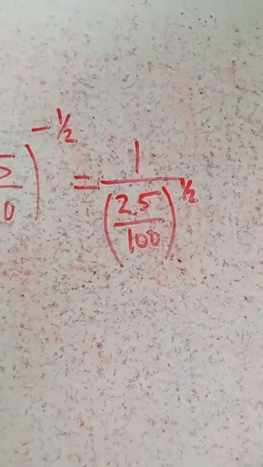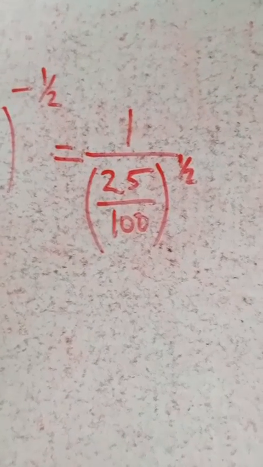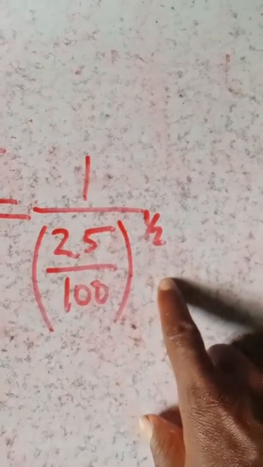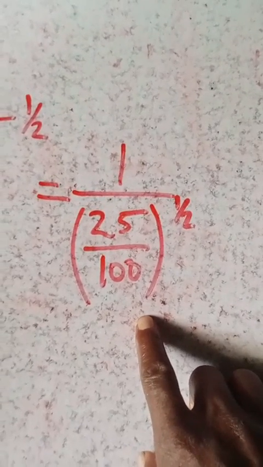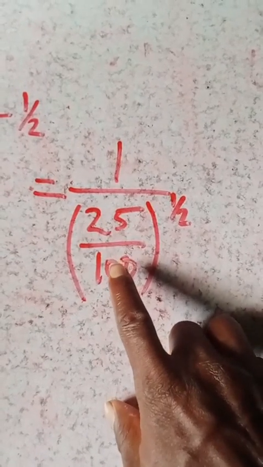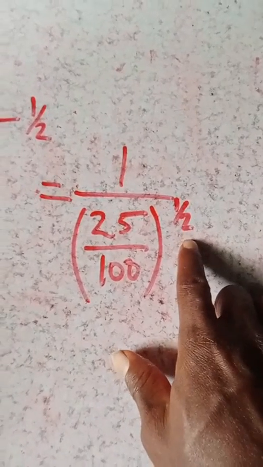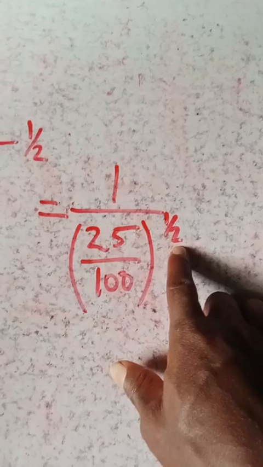At this point we'll be treating the denominator, because the denominator, which is the base, 25 over 100 raised to power 1 over 2, is having a power.